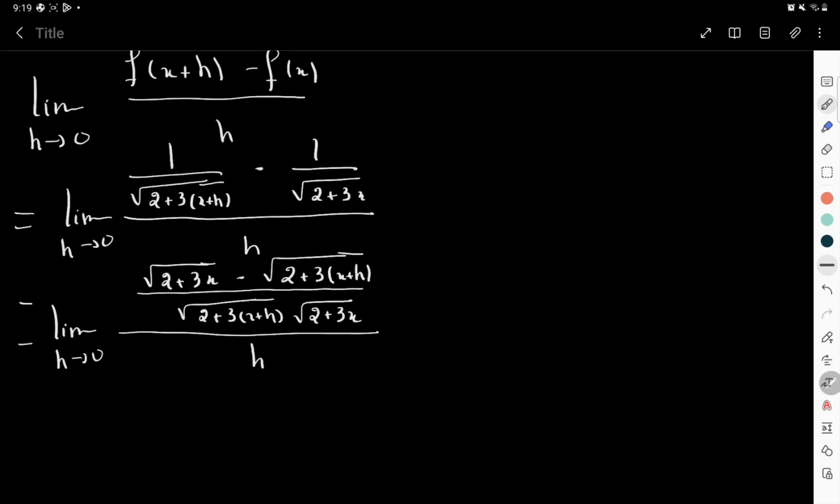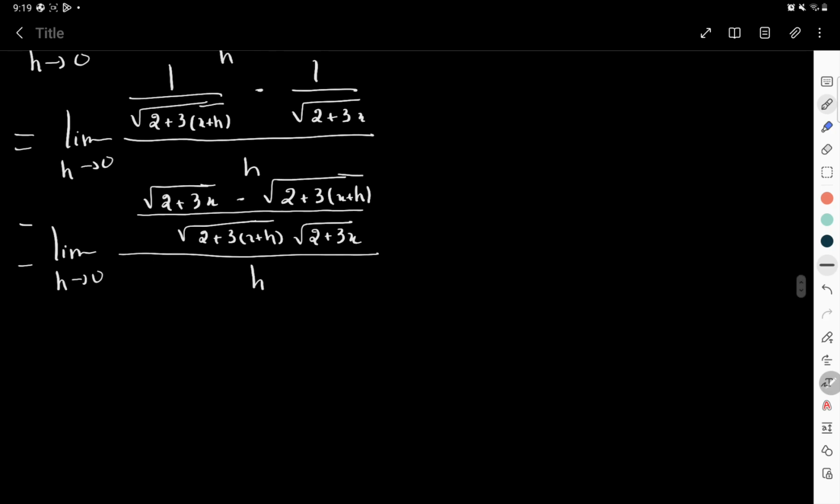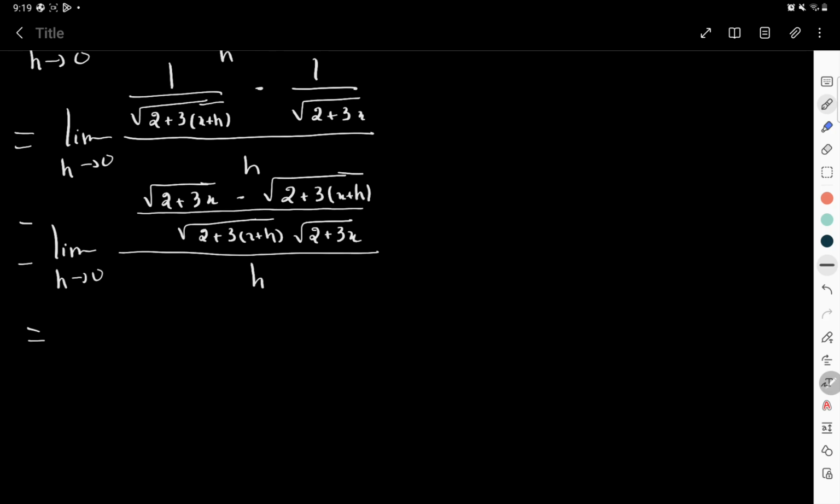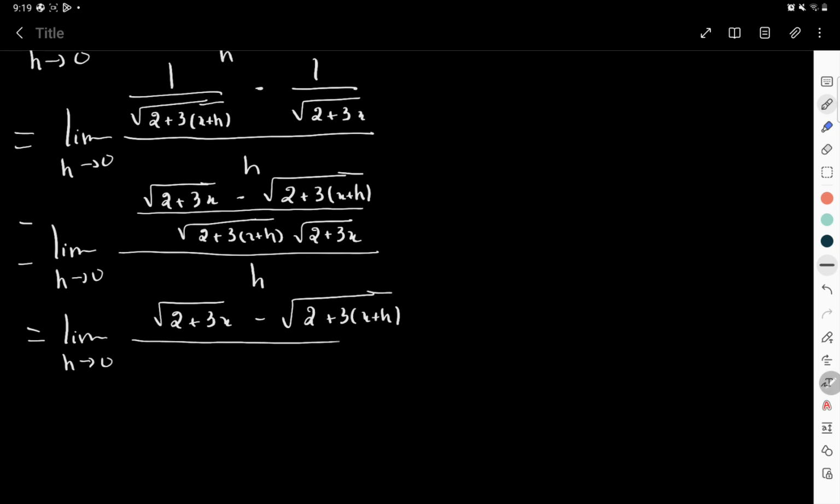There we go. Now, what I will do now is just put everything in one fraction: square root of 2 plus 3x minus square root of 2 plus 3 times x plus h, over that. These are the things we have seen a lot.